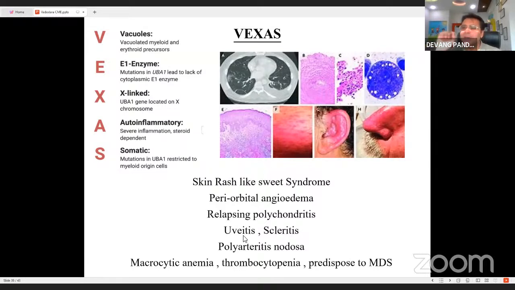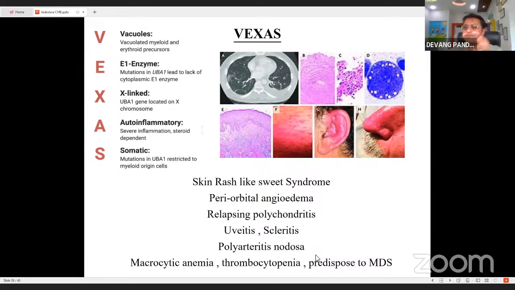And the typical hematological finding is macrocytic anemia, thrombocytopenia, and these patients are predisposed to myeloproliferative and myelodysplastic syndromes. So this can progress to malignancy.